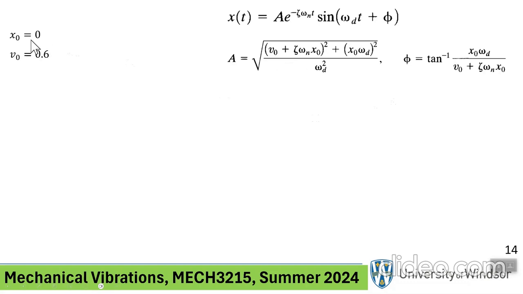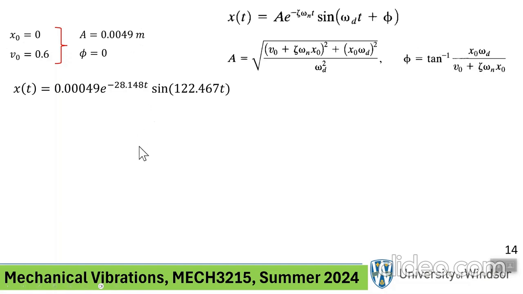And needless to say, we were told that things start from there. We can measure things from the equilibrium position. X naught is 0. And you are told that the initial velocity is 0.6 meter per second. Jumping from a height of 18 millimeter will give you that condition. Okay, just plug it in. If you take these things and stick them into A and phi, this is what you're going to get.